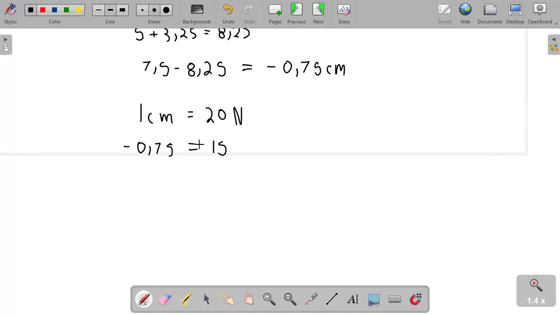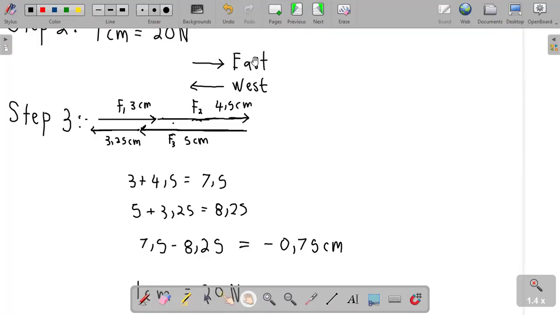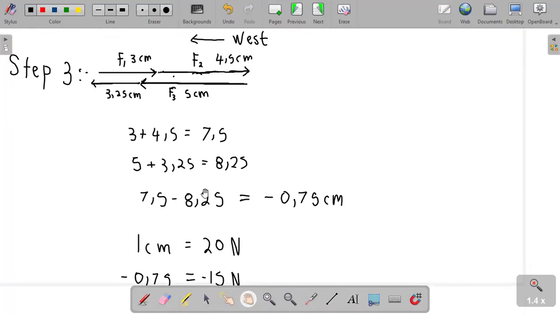It's going to be negative, so negative 15 newtons. It's a negative vector, meaning it's in the opposite direction of what we chose. We said east is positive, and west is negative because we subtracted the west.